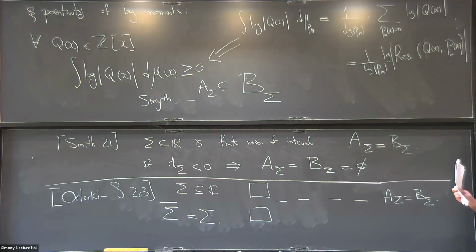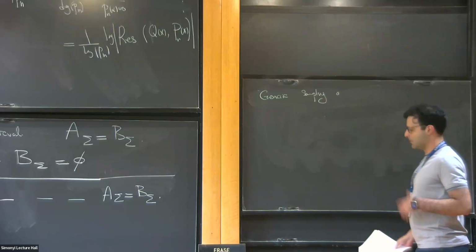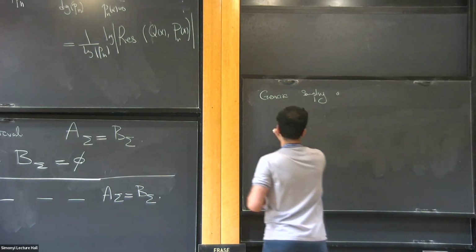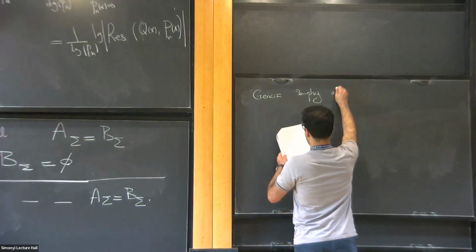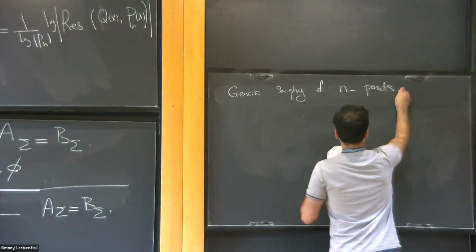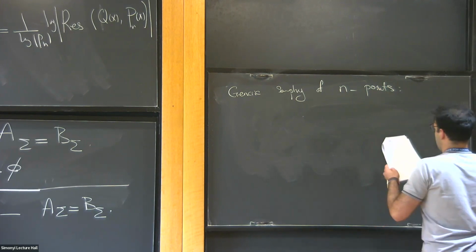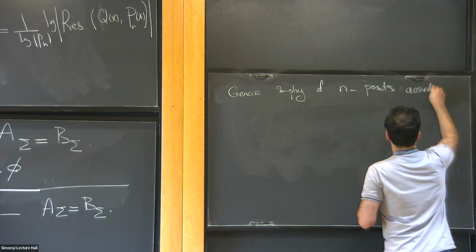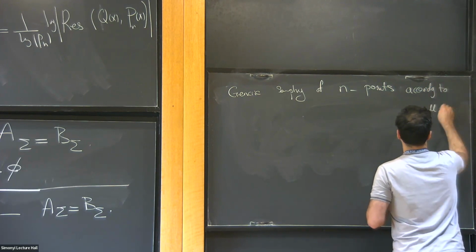And we want to actually count, for a given degree, how many polynomials have a root distribution close to sigma. So to make it quantitative, I need to define this notion. So generic, so this is the assumption, the generic sampling of endpoints according to, let's say, mu inside DC.